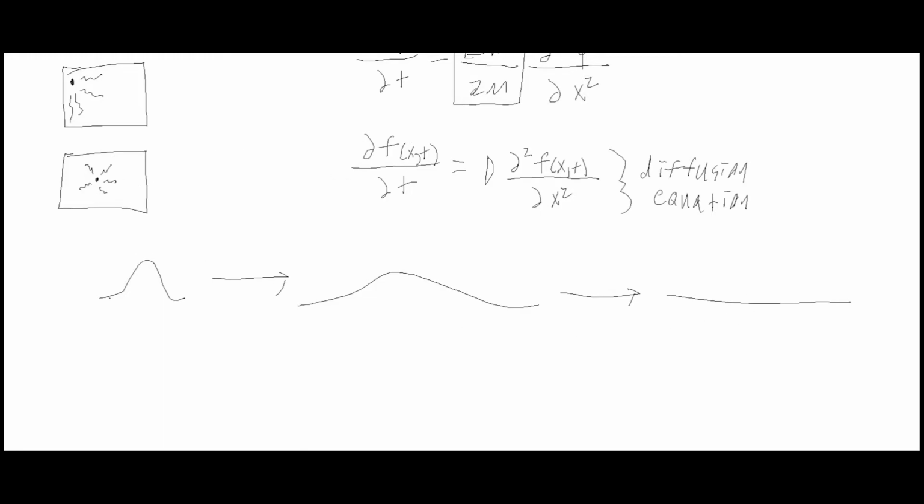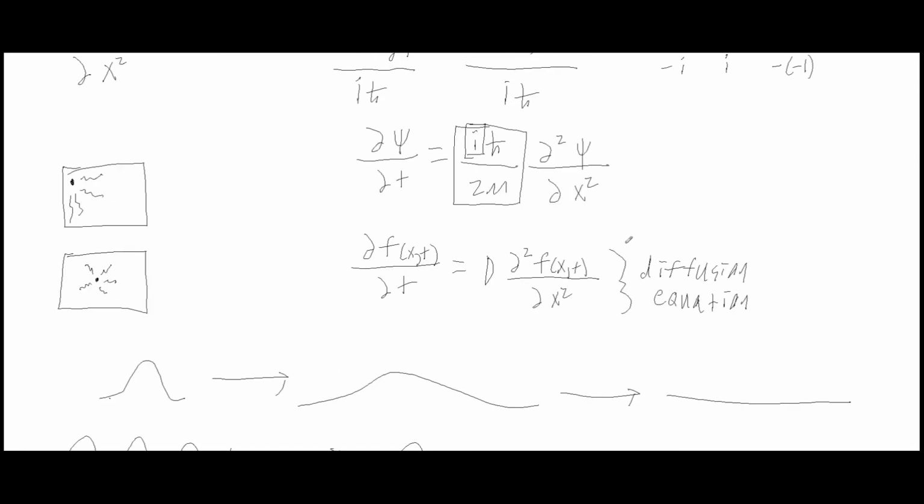With the i there, we end up needing solutions that are waves, so you will end up with a wave solution like this, which over time will just be another wave solution like this. We're not going to get this sort of diffusion outward over time, and that's what the i is doing in this situation.